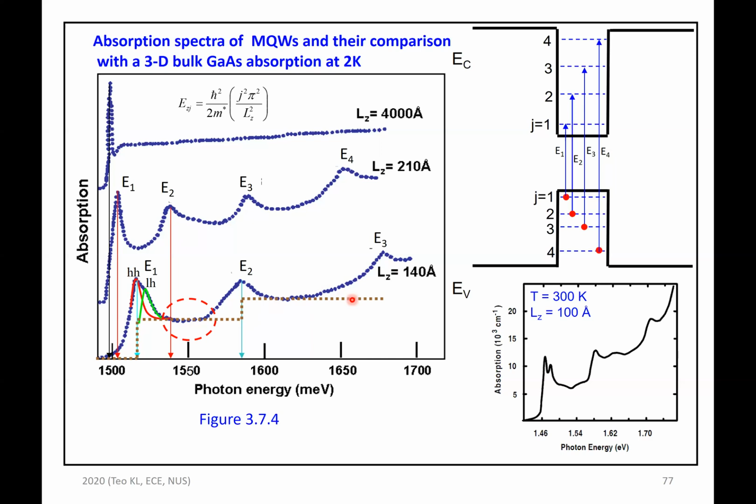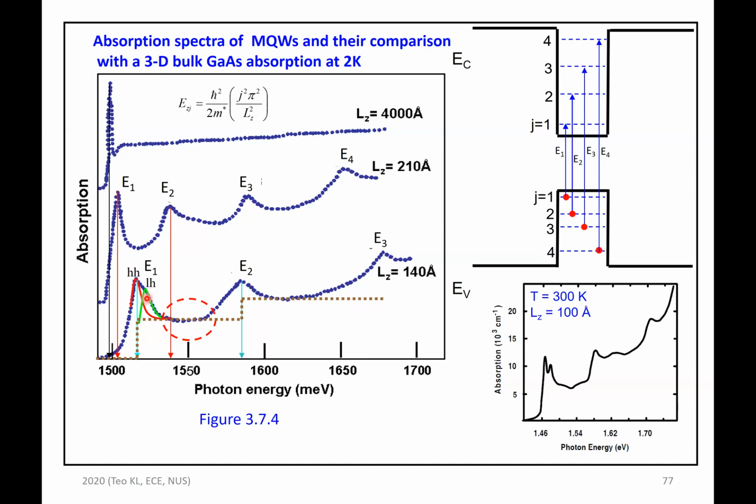The reason is that the detector, unfortunately, at that time during this experiment, did not give a very good flat response. So the step in the absorption cannot be seen clearly. But the pair of strong transitions between the heavy hole and light hole can still be resolved.